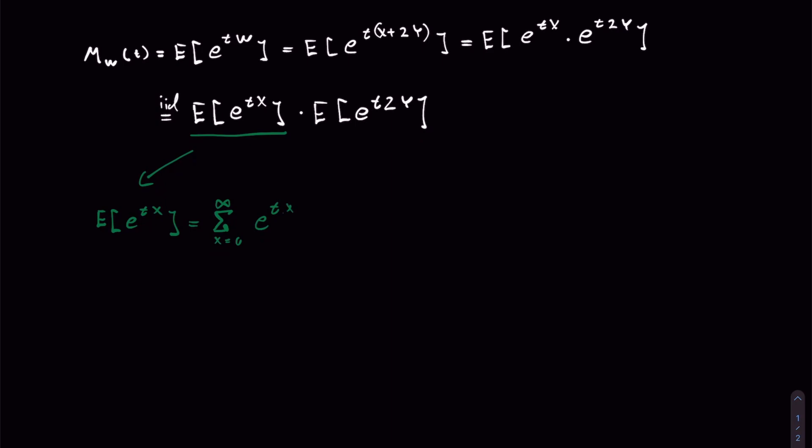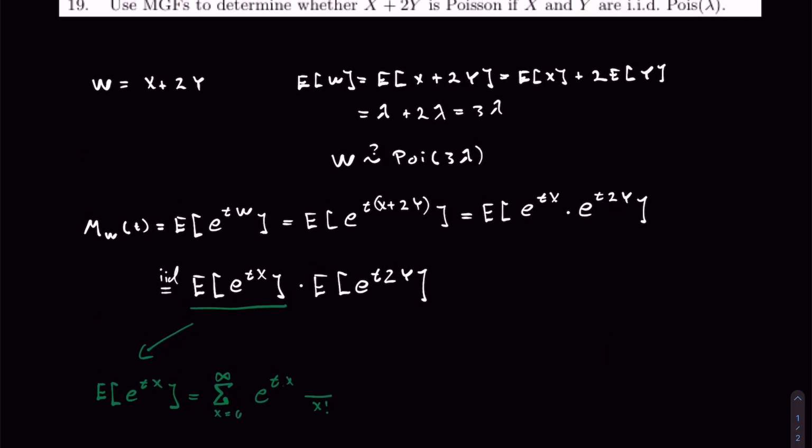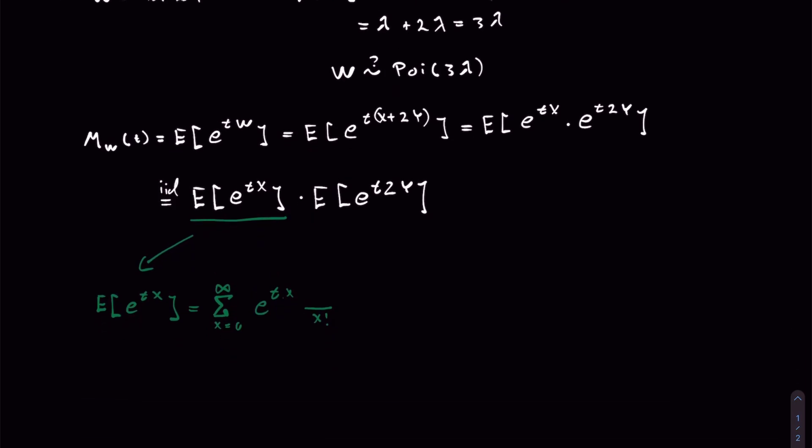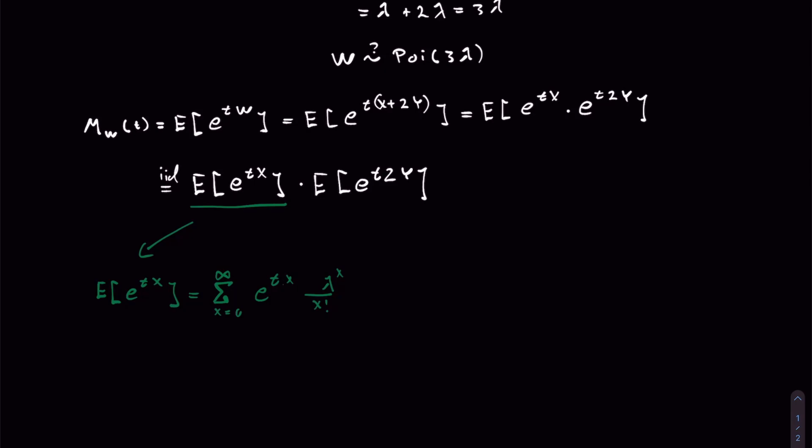And then we use the definition of the probability mass function of the Poisson: lambda to the power x, and then the exponential of minus lambda.